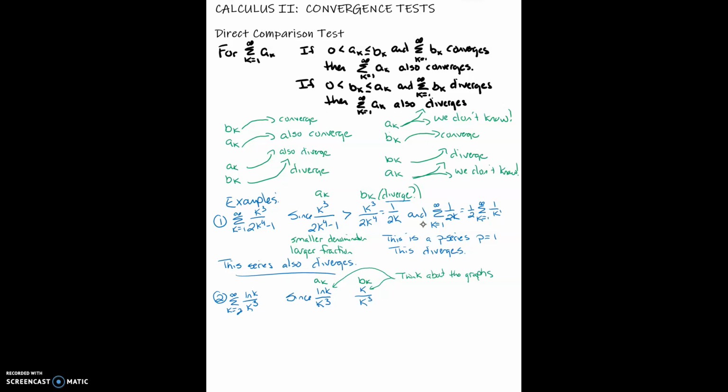And you can think of those in terms of x, y equal to the natural log of x versus y equal to x. But in this case, the natural log is the smaller one. Notice the denominators are the same. All right, so in this case, my a sub k's are smaller. So I'm hoping that these b sub k's will diverge. I'm sorry, will converge.